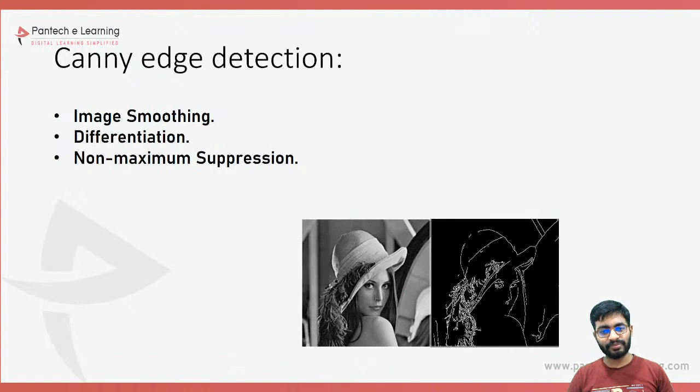Our target is to collect only the particular part of the image, not other parts. Therefore non-maximum suppression is applied in Canny edge detection. This is the reason it has been applied in many of the products we use in real time. Now let us see a video demo of it.